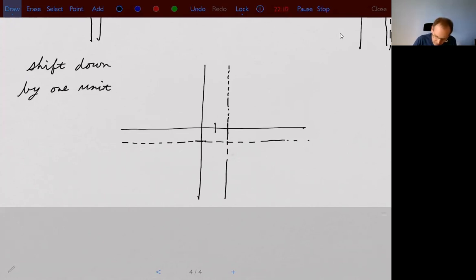So I guess now it's going to look something like this, right? So this is x, this is our f of x, and it's going to look like this. So something like that.